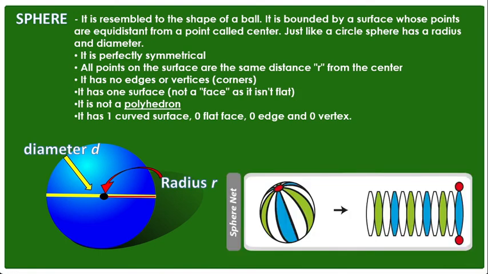We can say this is an example of a sphere net. So when cut and folded, we can form or create a sphere. So that is a net of a sphere.